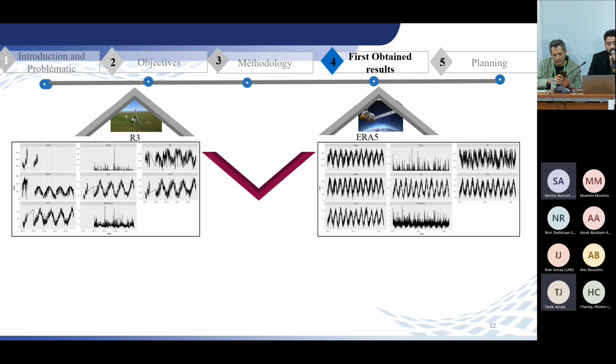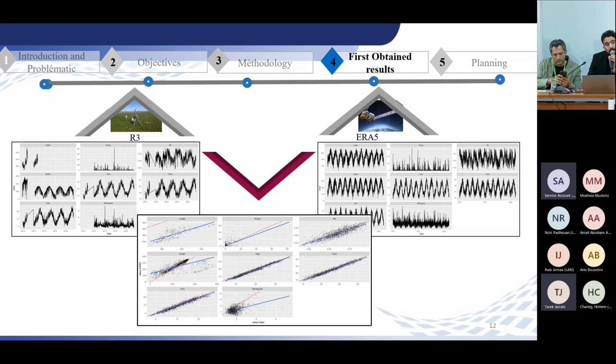The model uses as input relative humidity, temperature, precipitation, wind component, shortwave radiation, longwave radiation. You can see that we have some gaps. So we tried to fill the gaps with ERA analysis, and the results were not bad. We tried to compare the two methods. We only had an overestimation of precipitation.